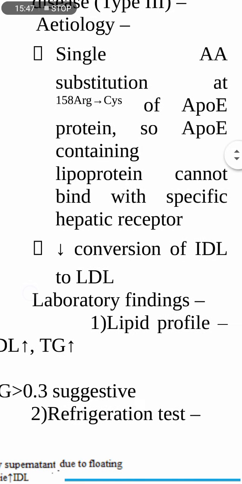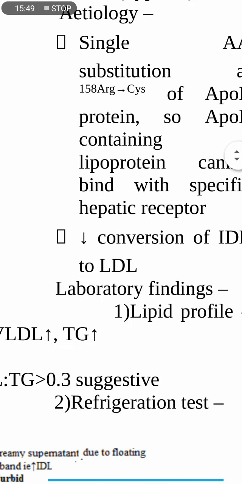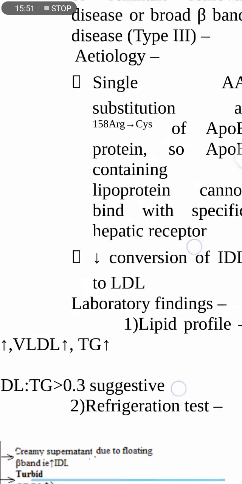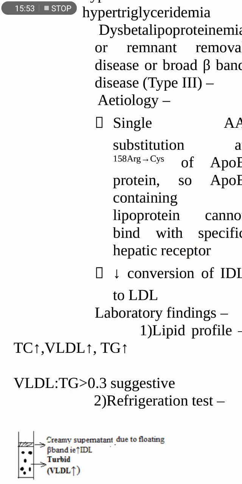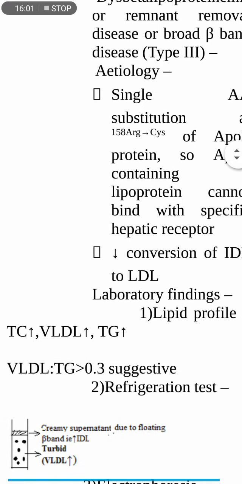So the laboratory finding is, if you test the lipid profile, you get the increased cholesterol, increased TC, and increased VLDL. And in this case, if the VLDL and TC ratio is more than 0.3, this is suggestive.